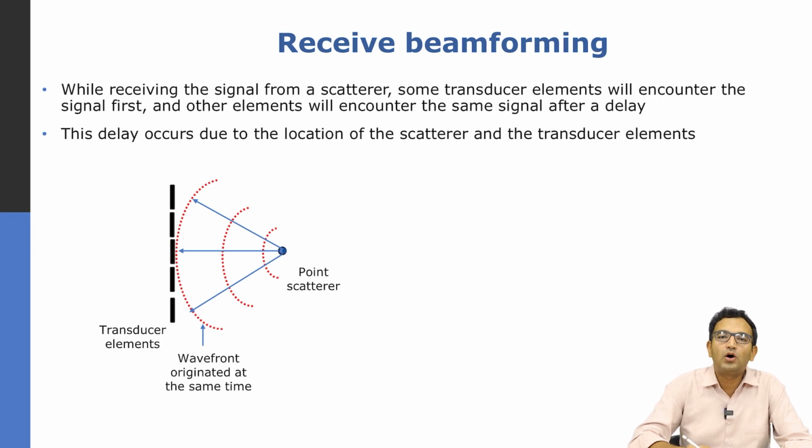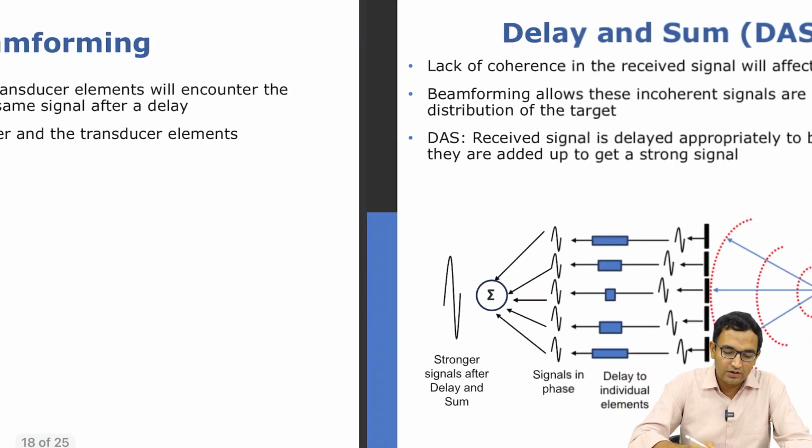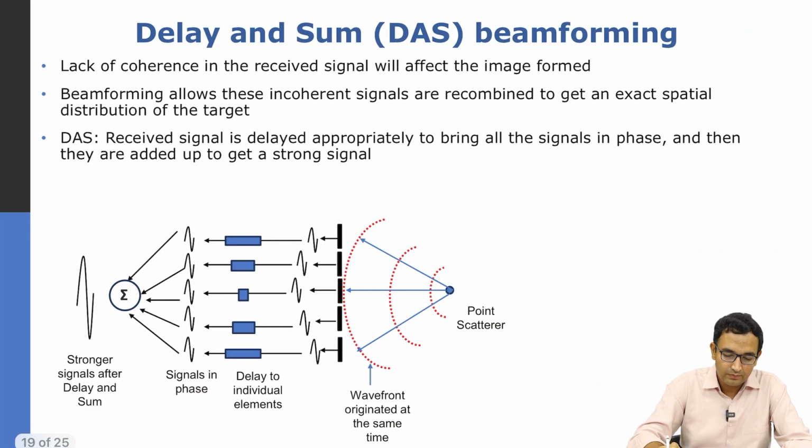We will discuss more about this in future classes, but the main point here is that beamforming needs to be performed not only on transmit, but also on receive. So, let us discuss the technique of delay and sum beamforming. The lack of coherence in the received signal will affect the image formed, because the signals will not sum up coherently.